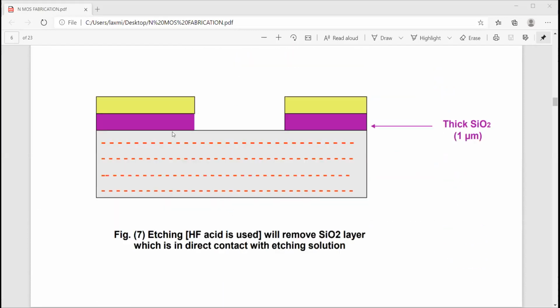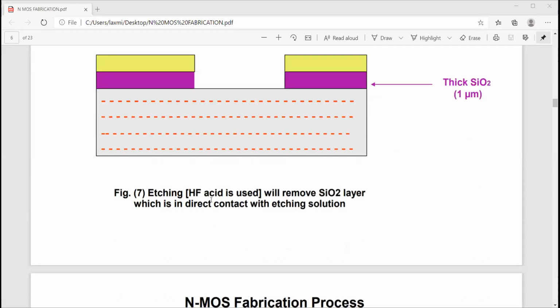Look here at what happened, so we removed this place where we used the mask. In that place we removed the silicon dioxide layer and the photoresist layer. What do we call that? In technical terms, the removing we call etching. The technical term for removing is etching. Etching means removing the particular area where we require.